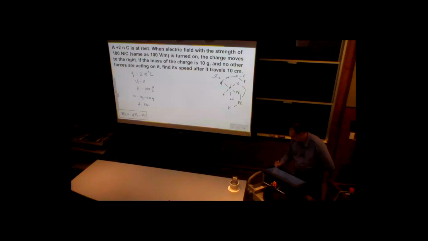Kinetic energy is related to work, net work is related to any individual work, and work is related to also a charge, same charge as here, but also related to initial potential, final potential, and initial potential and final potential also related to distance between the points and electric field, which is the same. So we've got so many equations available for us.